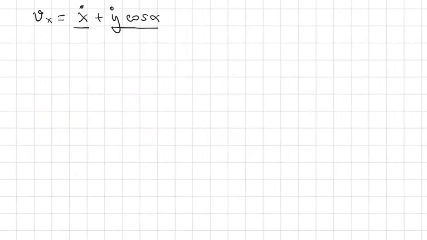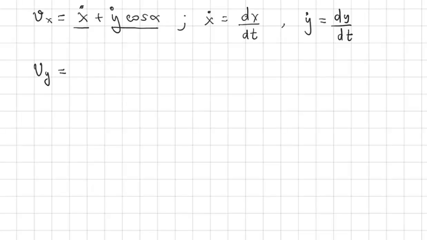So we know that x dot is equal to the derivative with respect to time of x, and y dot is equal to the derivative with respect to time of y. And the vertical component of the velocity of the ball and wedge system is y dot sine of alpha.